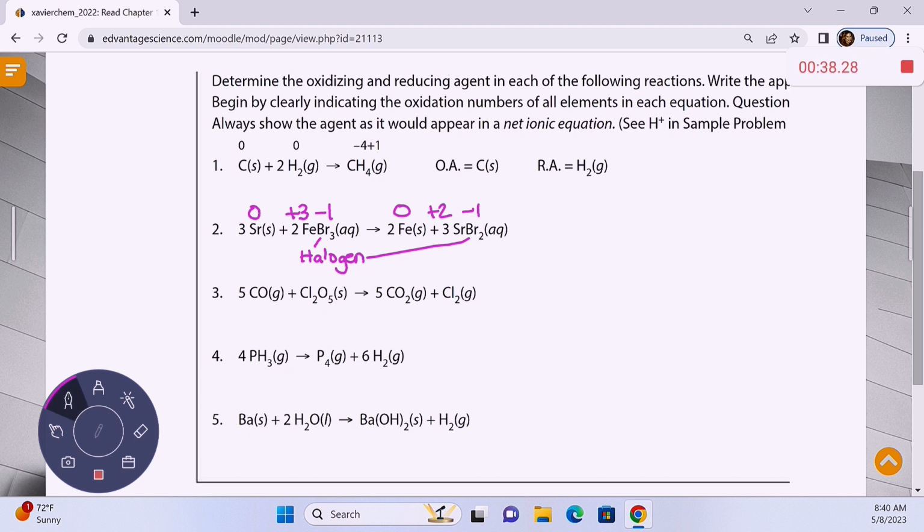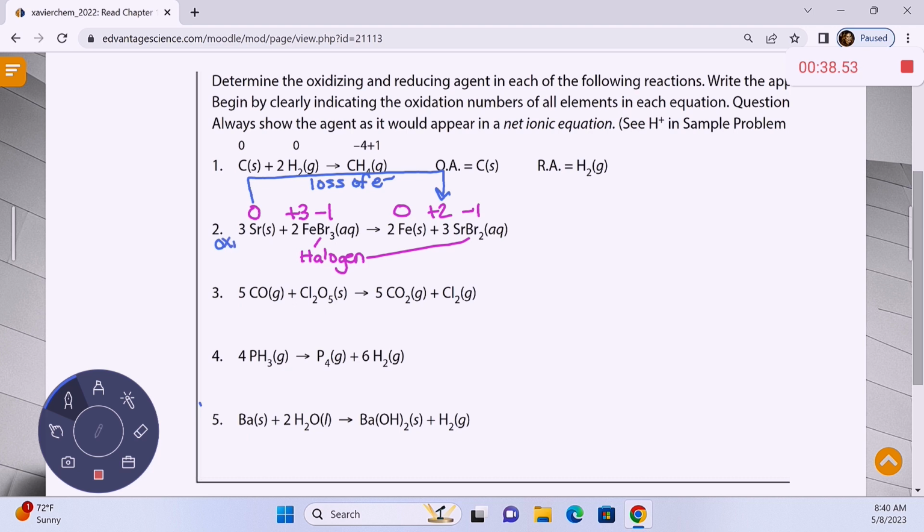Okay? Now we're going to partner up the strontium together because that oxidation number changed. It went from a 0 to a +2. So that would be a loss of electrons. Is that oxidation or reduction? Oxidation.